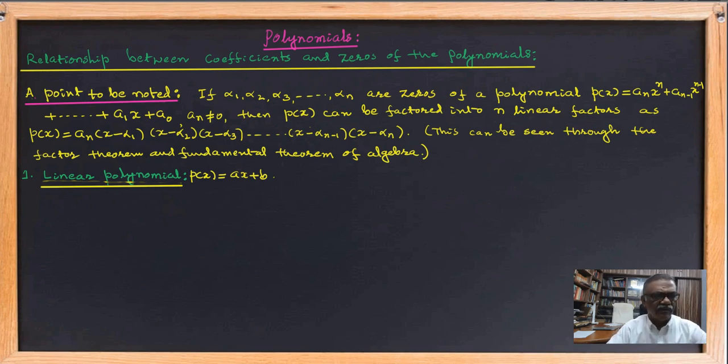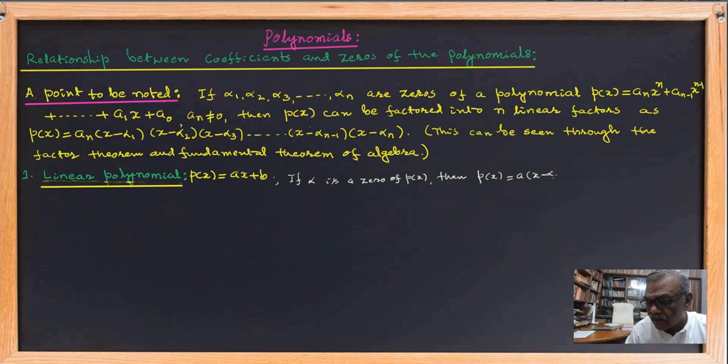If alpha is a zero of p(x), then p(x) can be written as a into (x minus alpha).